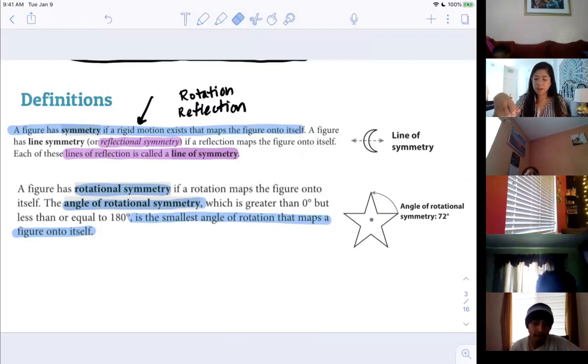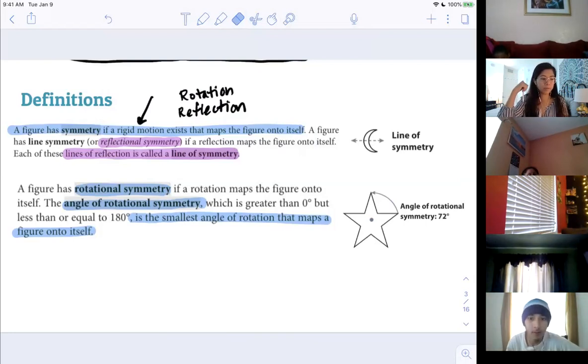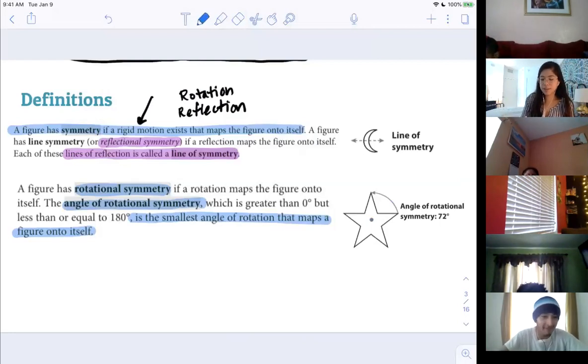However, with the star, we know it has rotational symmetry, but does the star have reflectional symmetry? Can you cut that star in half? Yes. Okay, Janelle's, where can I cut this star in half? In the middle.